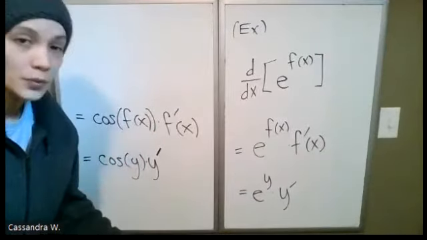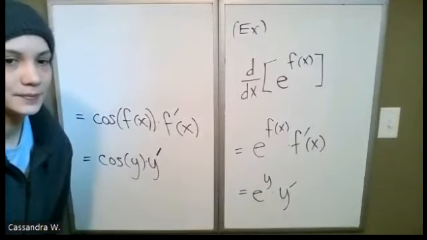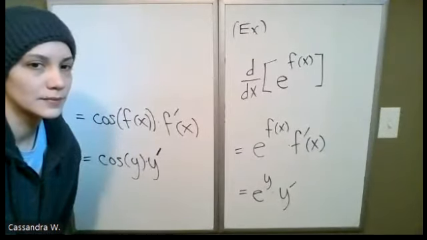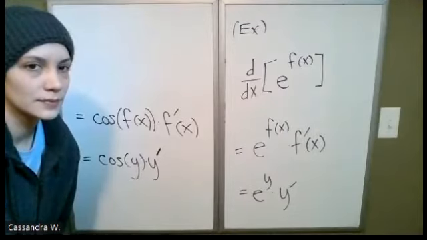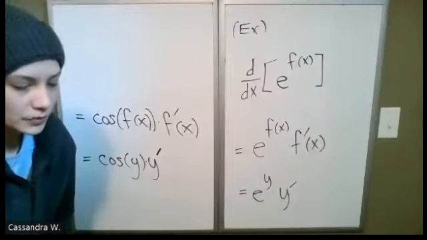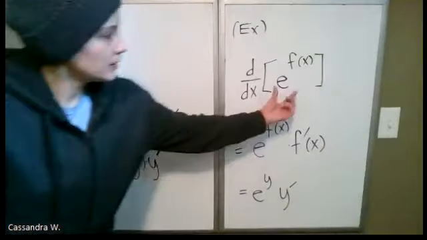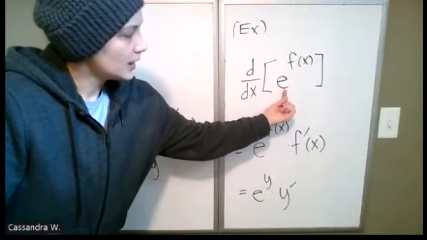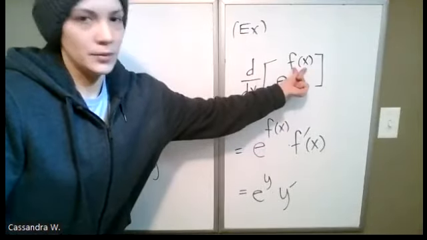Wait, how did you end up with e to the f of x and then the f of x derivative? Where did the f of x derivative come from? That's from the chain rule. Your derivative of your outer function is this part, and then multiply by the derivative of the inner function, which is up here.